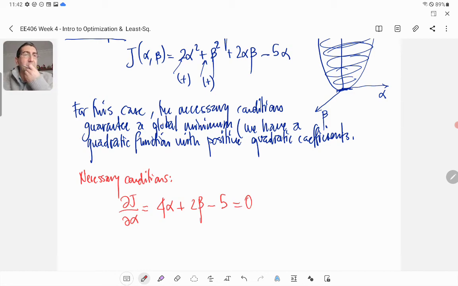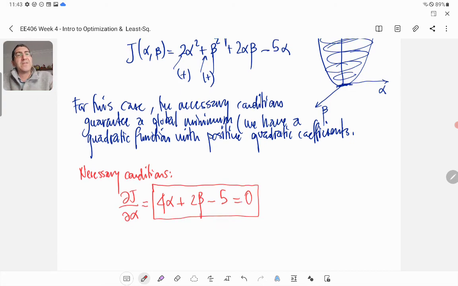Okay, so you see that that gives me one equation in terms of alpha and beta. So I have two unknowns here, so I need at least two equations. In fact, I need exactly two equations in order to uniquely determine alpha and beta.